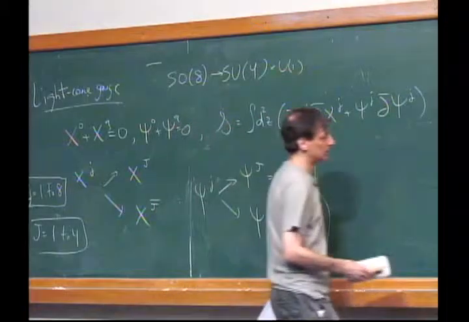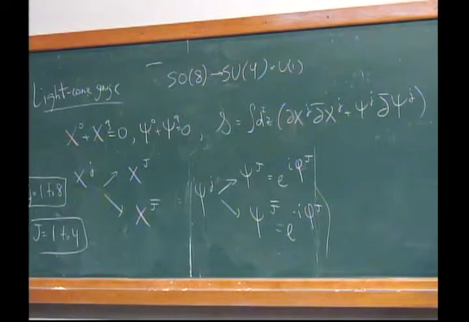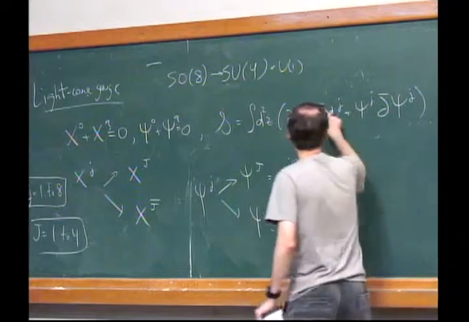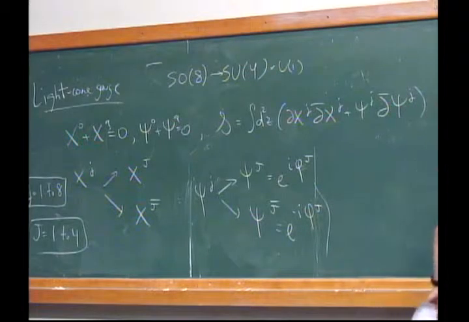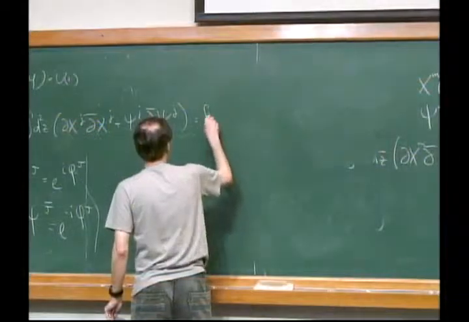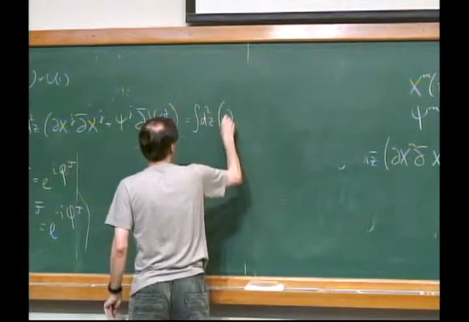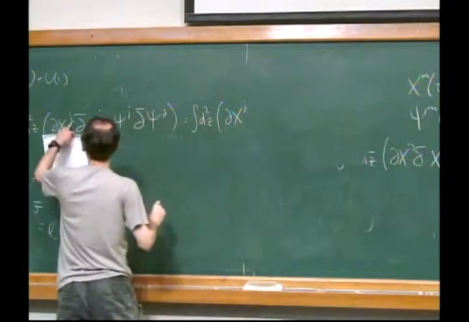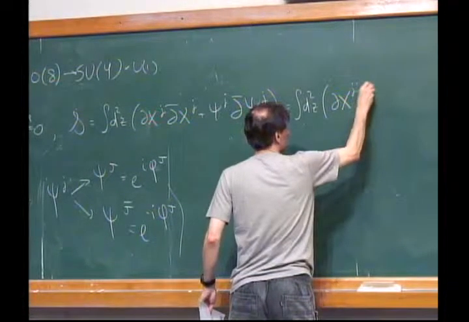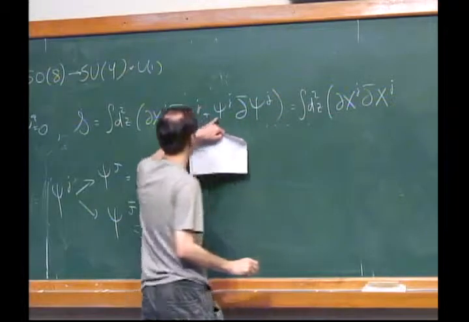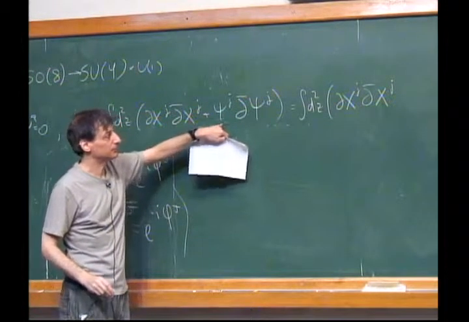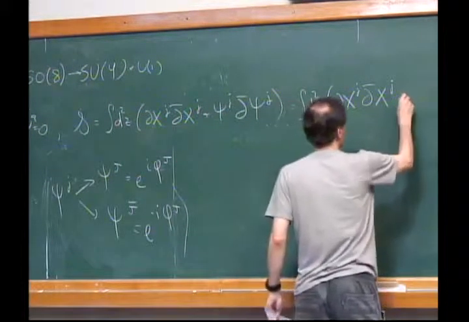Now, it was realized by Green and Schwarz in the 80s that if I restrict to SO8, there's another way to write the action using SO8 triality. In terms of an SO8 vector, x, but instead of using an SO8 vector for psi, I'm going to use an SO8 spinor for psi, for the fermion.